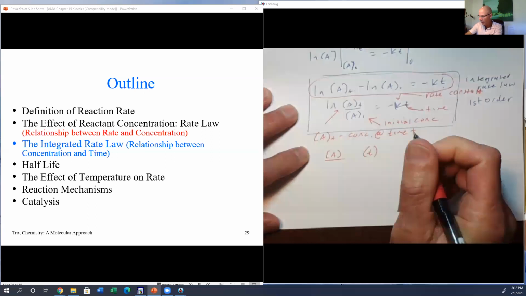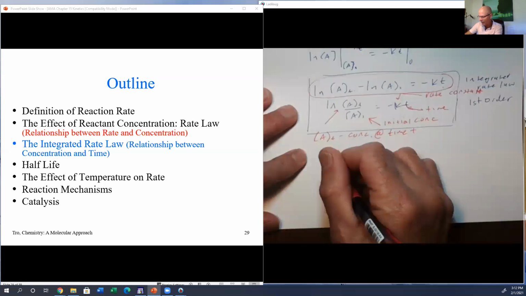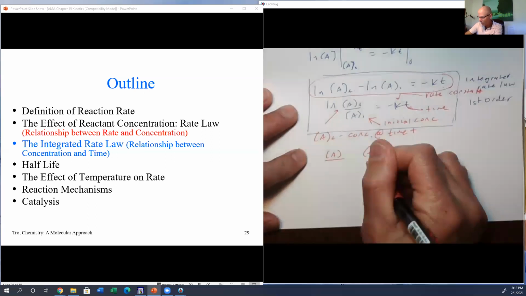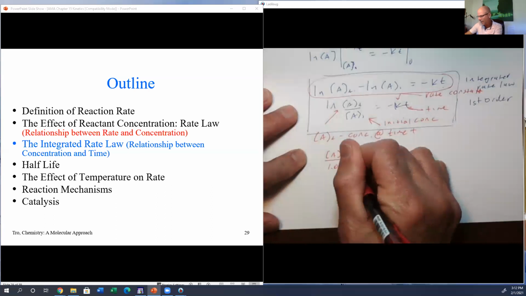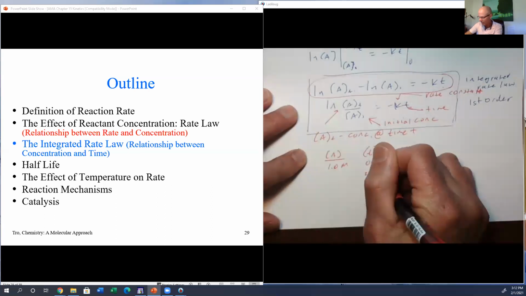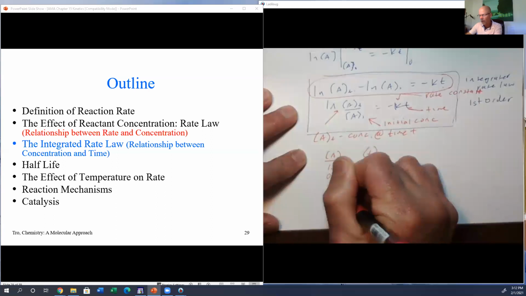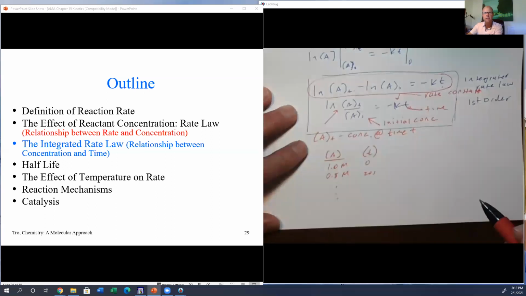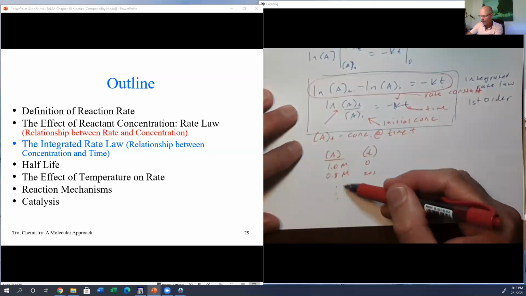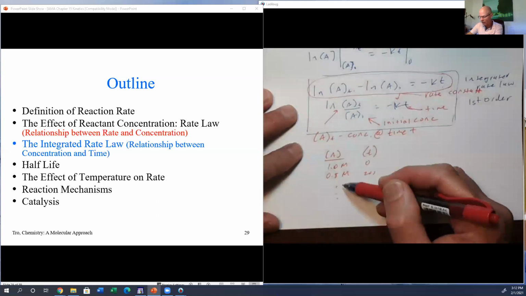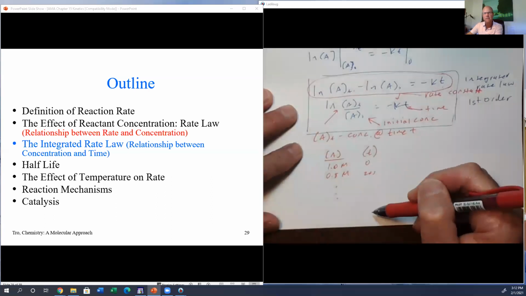So let's say the initial A at time 0 was 1 molar, and then in 20 seconds, it goes down to 0.8 molar and so on, right? So I have a bunch of data where I measure the concentration at different times.